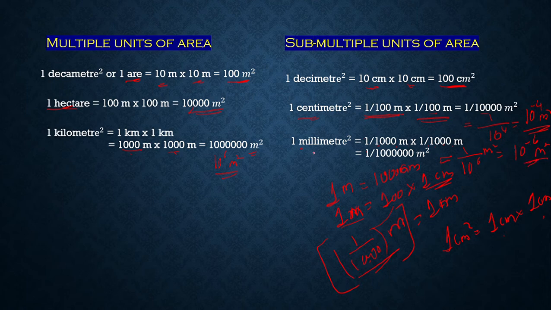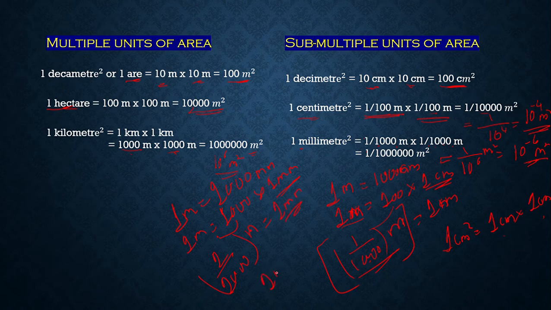Alright, just one more quickly. 1 meter is nothing but 1000 millimeter. So 1 meter can be written as 1000 into 1 millimeter. We take it to the other side, so 1 upon 1000 meter is equal to 1 millimeter. Now here we have millimeter square.